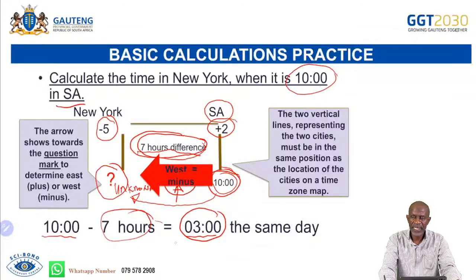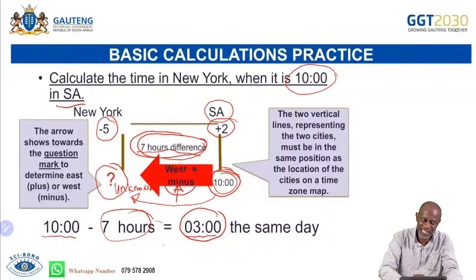So now I have provided for you an opportunity to calculate with confidence two things or two steps we have accomplished in this part of calculation of time zones, two steps of our calculation. That is, the first one, we have managed to calculate the time difference between the two cities.